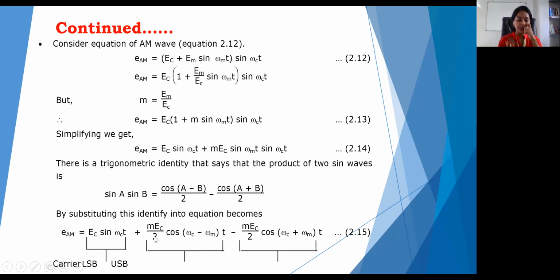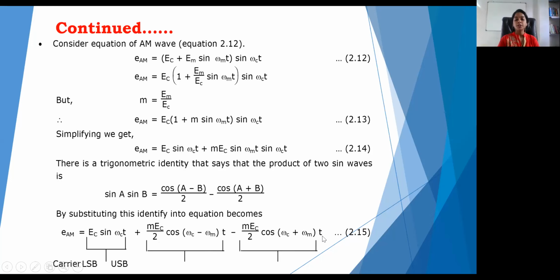So how are we writing it? m EC by 2, take this as common outside, then cos of (omega c minus omega m) t, minus m EC by 2 cos of (omega c plus omega m) t.